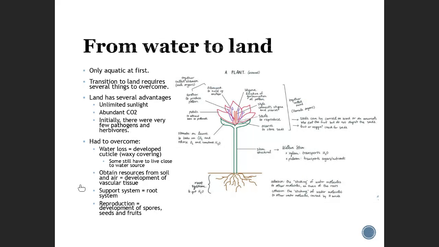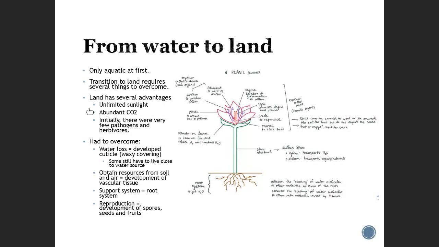As I mentioned, they were only aquatic at first, but then they did transition to land. Now, when you move to land, there are several advantages. Why would you leave an environment that you're just fine in? Well, on land, there's unlimited sunlight. Think about oceans: the sunlight can only go so far down, so you're limited in the areas that you can colonize. But if you go on land, there's an unlimited amount of sunlight.